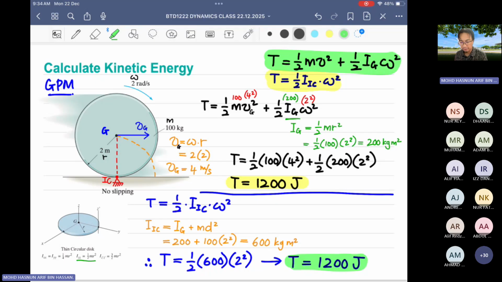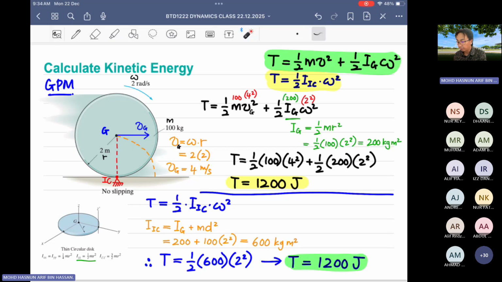The first equation, which has both components, translation and also rotation, results in a bit longer equation because you need to find the value of V, which is not given, but it is very easy to find. V is always equal to omega times R because we can treat this as a rotation problem.